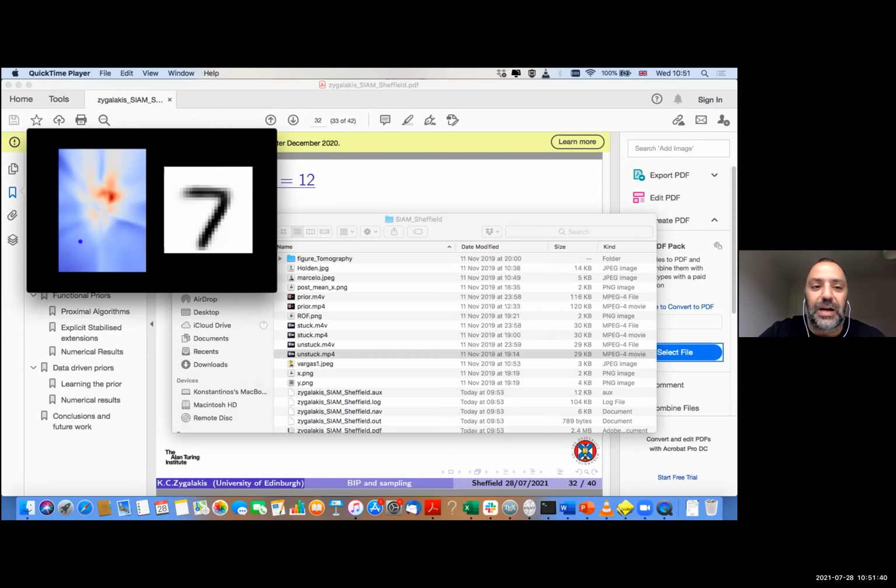We try to apply these ideas on faces. You have big data sets like the CelebA data set. You use your VAE, you learn stuff, and then you have an image of you and me, and you add some noise, and then you try to follow this approach.